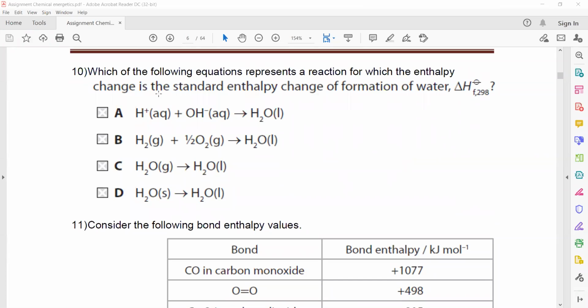Which of the following equations represents a reaction for which the enthalpy change is the standard enthalpy change of formation of water? So the term formation means when elements form a compound. So which one is the right answer for question 10? When element is forming a compound, that's called enthalpy change of formation.